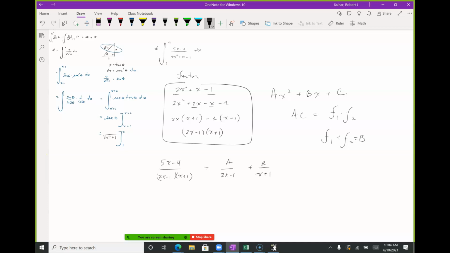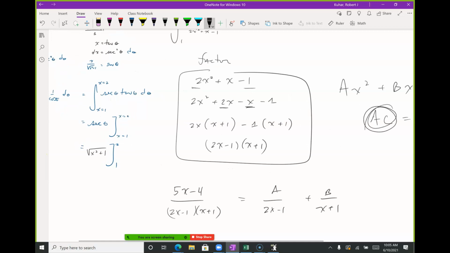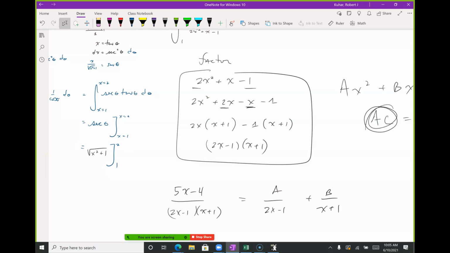They add up to +1, and they multiply to -2. Did I make a mistake there? No, that's it. So 2 minus 1 is 1x, right? 2x minus x is 1x. And then 2 times the -1 is the -2, the AC piece I got. And then I factor by grouping. I would imagine it's been a while since you've seen that. Was that Eleanor asking about that? Yeah, thank you. You kind of remember that now, though? Yeah.